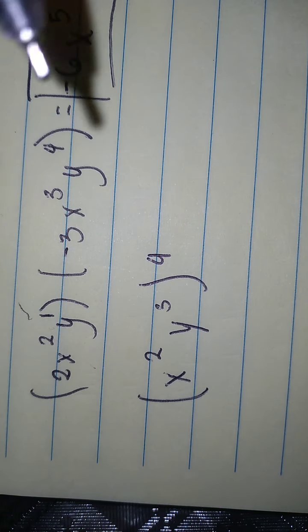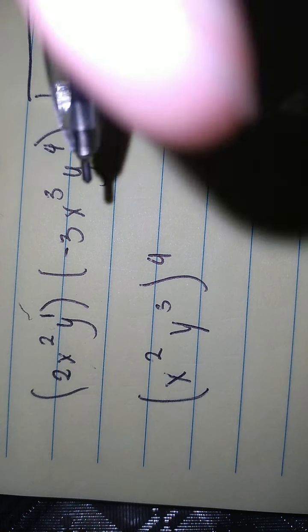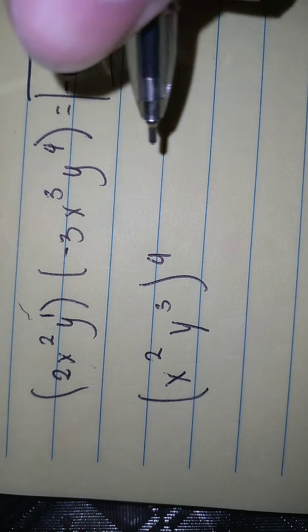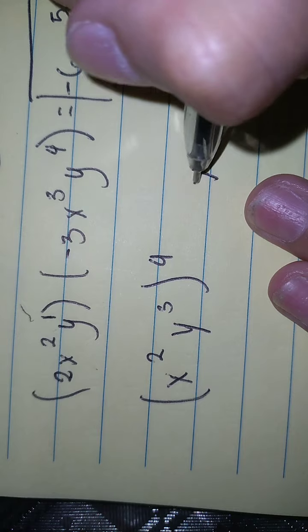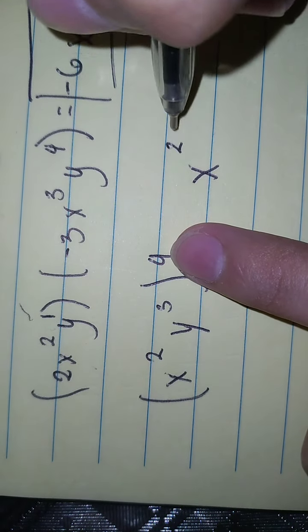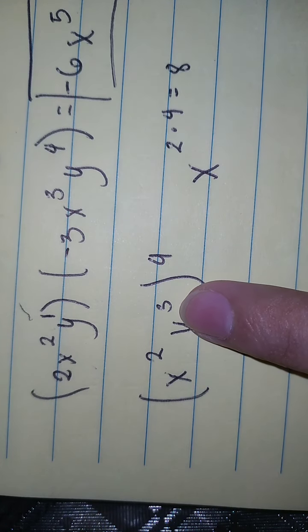In order to solve this, since the given monomials are raised to the power of 4, this means that we need to multiply the exponents. For x, 2 times 4 is equal to 8.